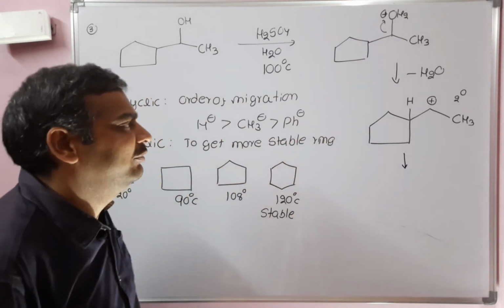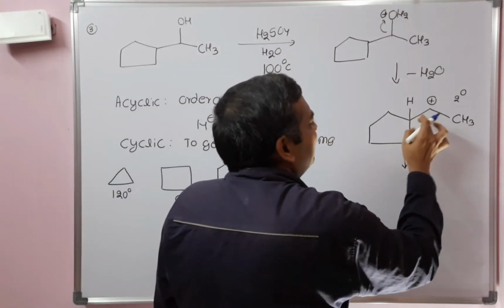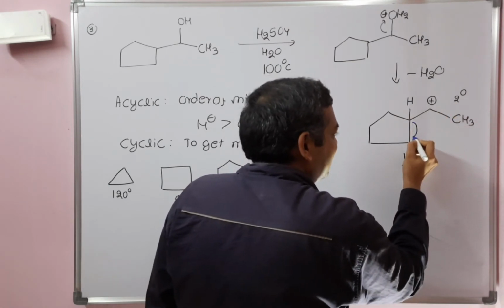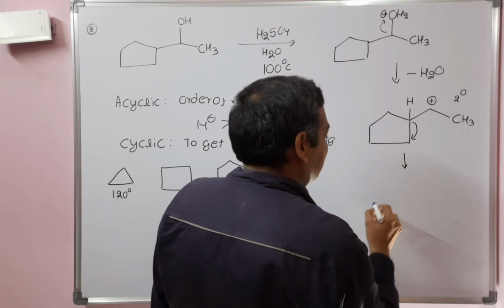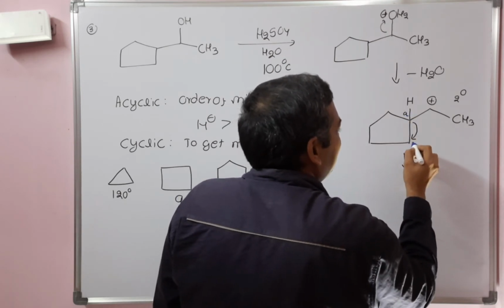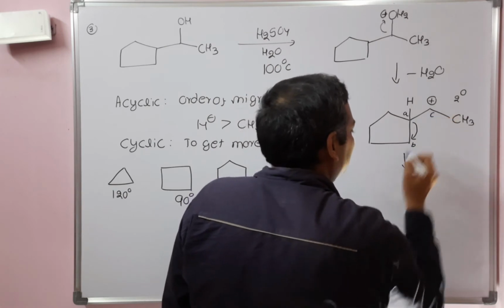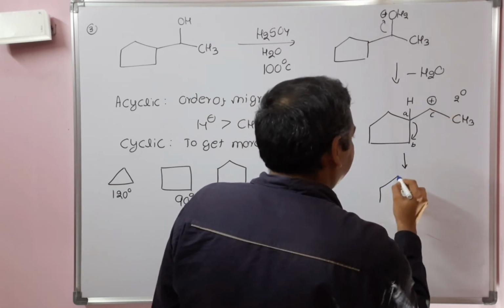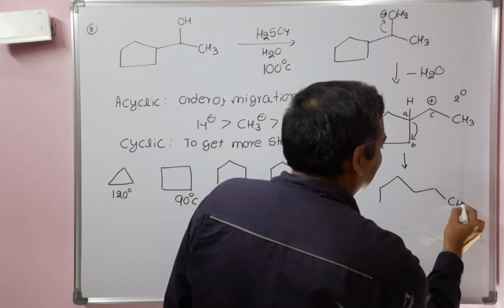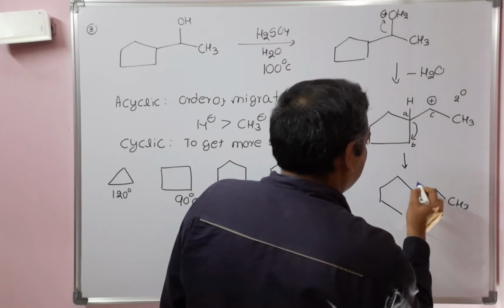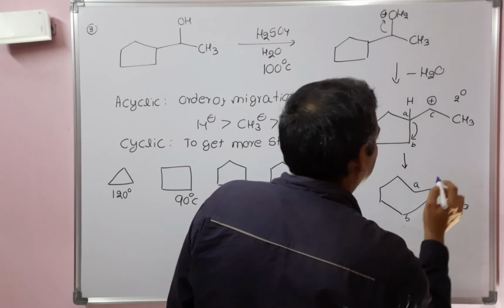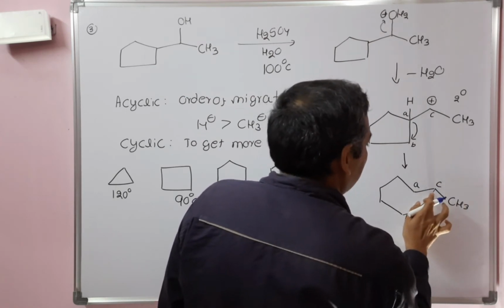Here, what type of rearrangement? If hydride shifts, definitely secondary to tertiary will take place. Suppose if methyl shift takes place, it means ring expansion will take place. Suppose I am marking this as A, this is B and this is C. See what is happening here. CH3. So this is A, C, B and the shift takes place from here to here. I will write straight.